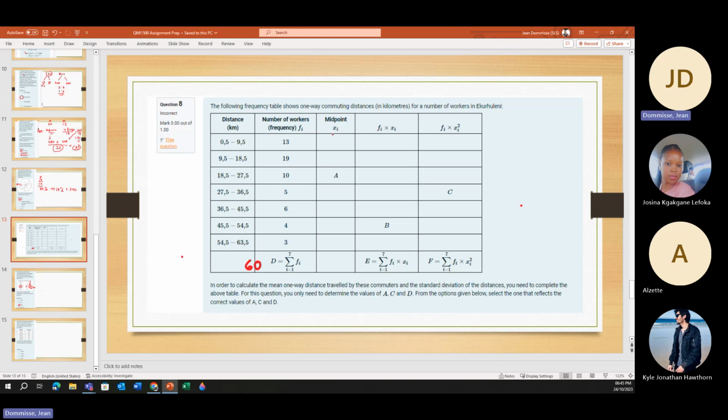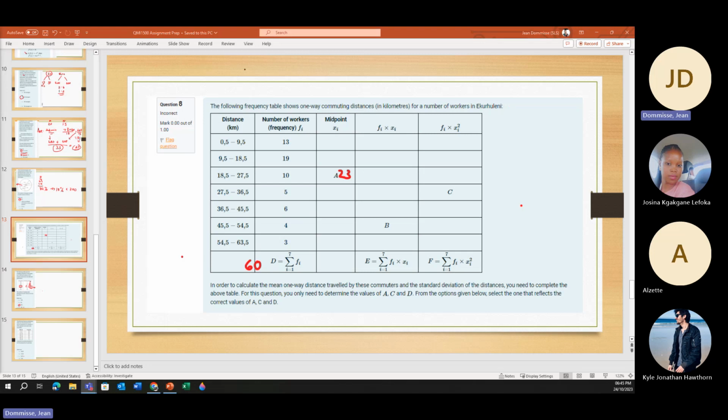Okay, midpoint. So normally the easiest is to say 27.5 plus 18.5, which will give us 46, and that we will divide by 2. So my midpoint, I would have said, is 23. Okay, do you have answers as well?